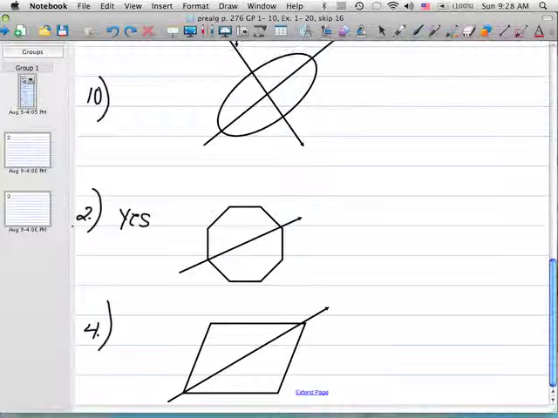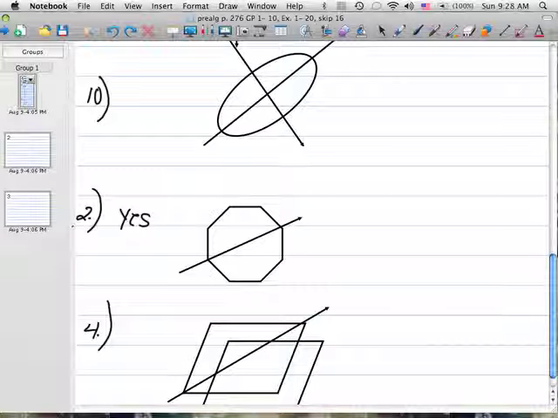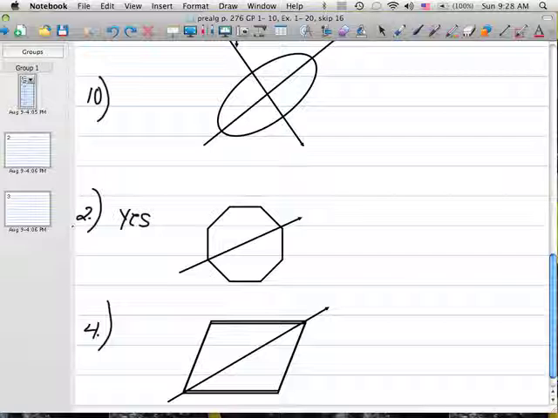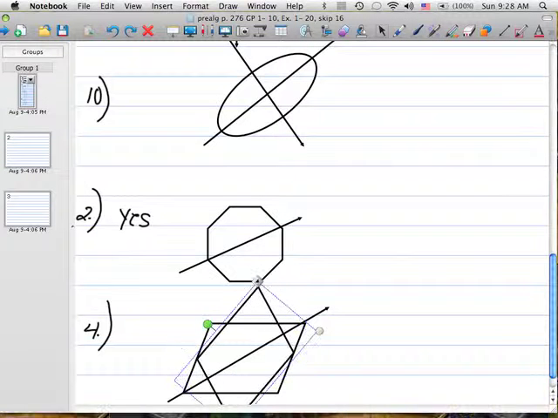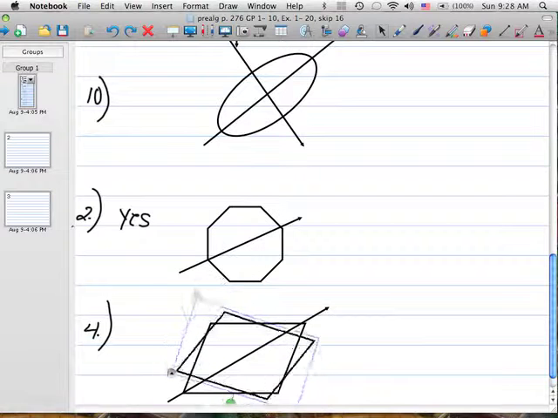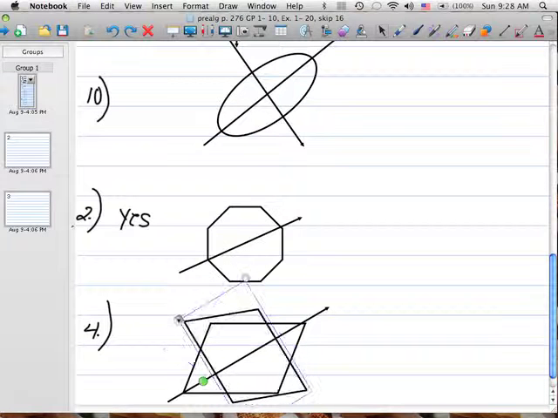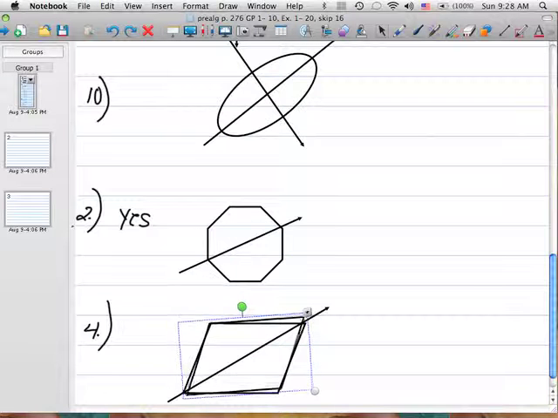You can see that if I duplicate the figure, and then try turning it, it's got rotational symmetry. Let's see if I can do this a different way.